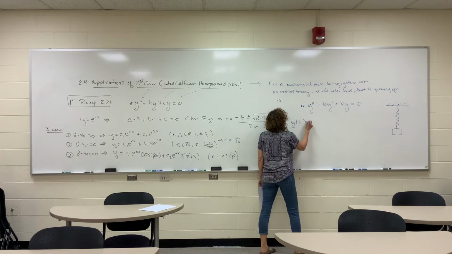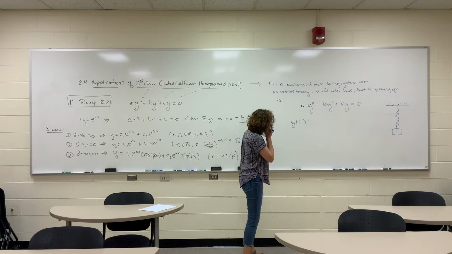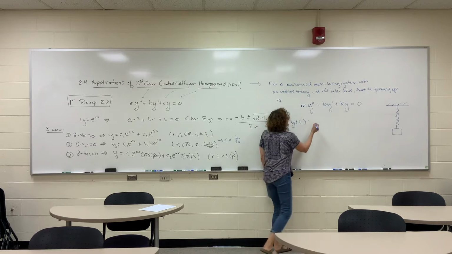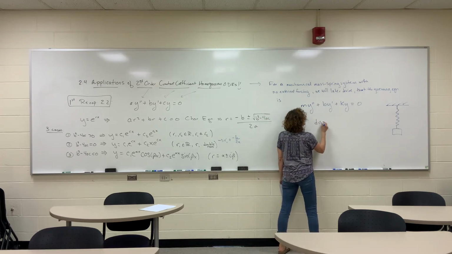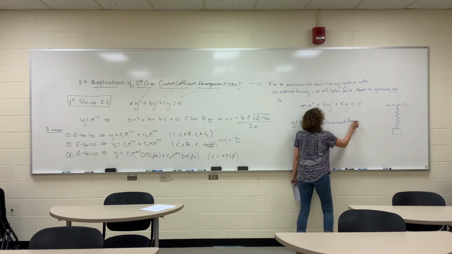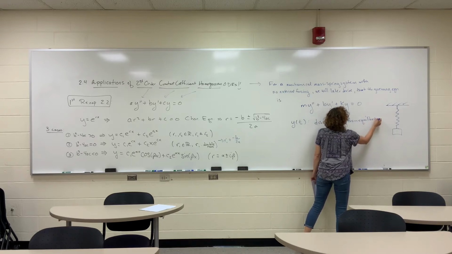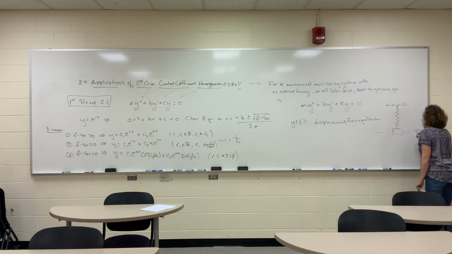So y of t is our unknown function here, and t is now our independent variable instead of x, and this is our displacement from equilibrium. So this level right here would be y equals 0.